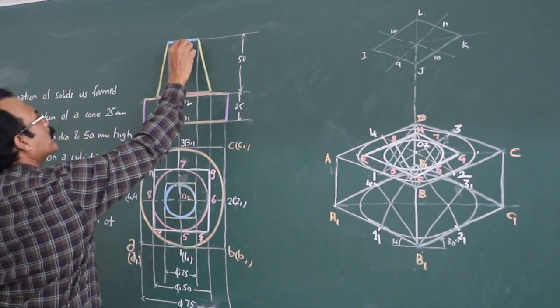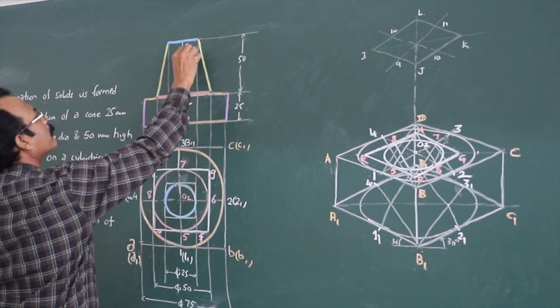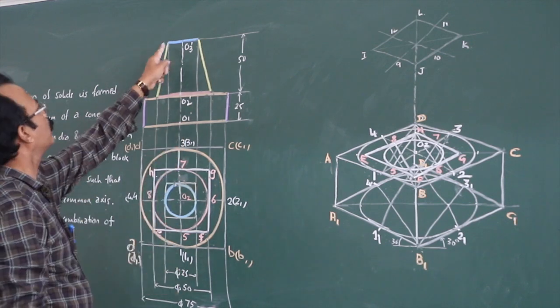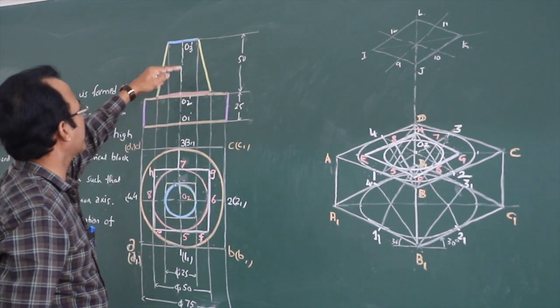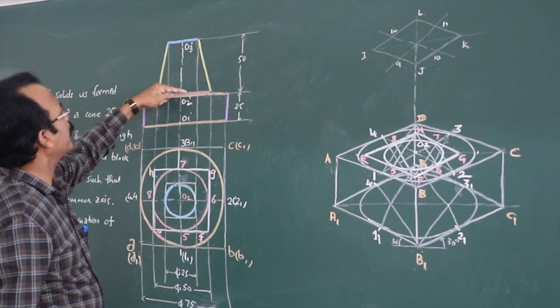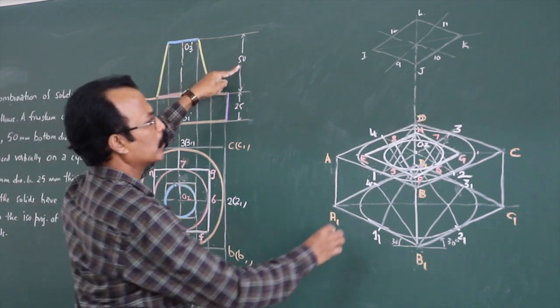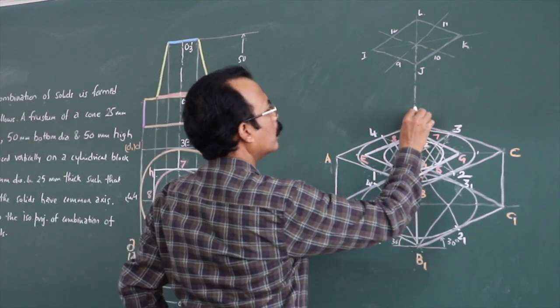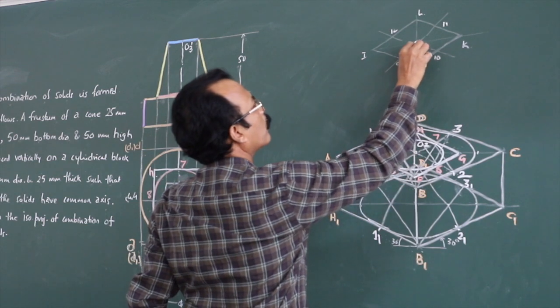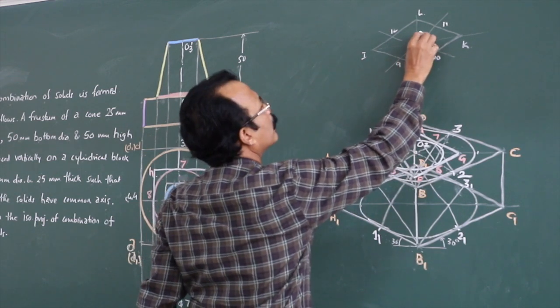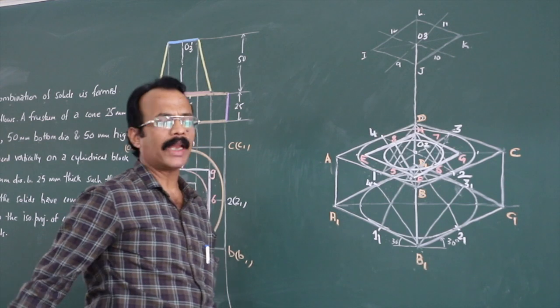Then next is you must get this ellipse which is at the top there. So this is O2, O3, it is at a height of 50. So from O2 take an iso height of 50 and mark O3 there. Okay.